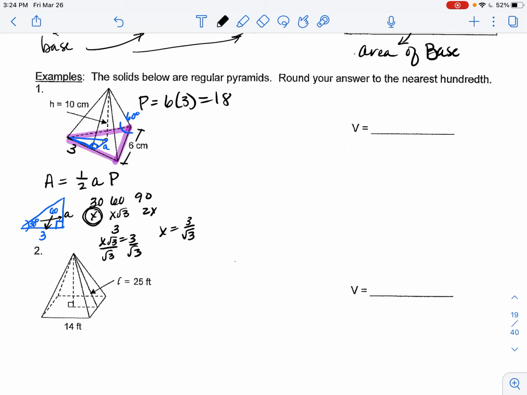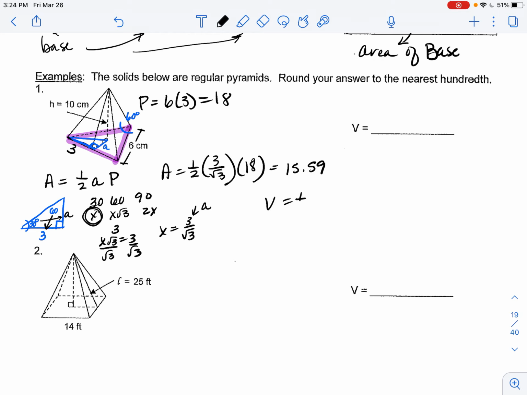So my a in this formula, area is 1/2 the a value, which is this, times the perimeter, which is 18. All right, so if I put that in the calculator, that is going to be about 15.59. So my area is about 15.59.